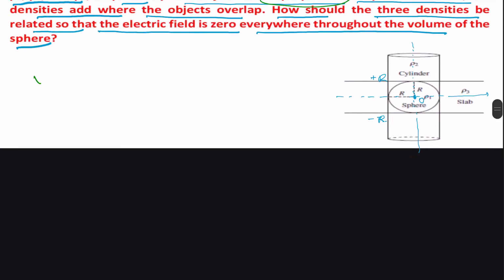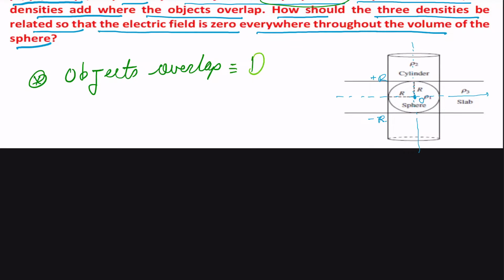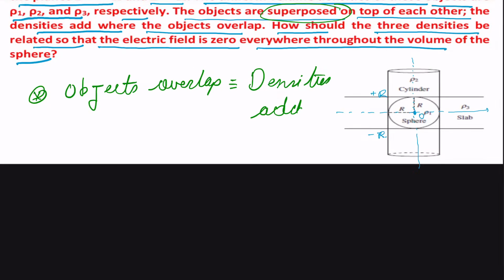This is the important point here: the objects overlap. If the objects are overlapping, the densities are going to add. In this particular case, we have to find out with respect to the sphere.